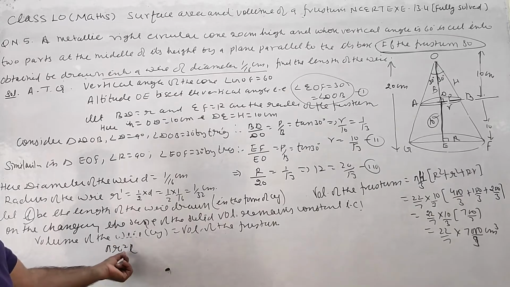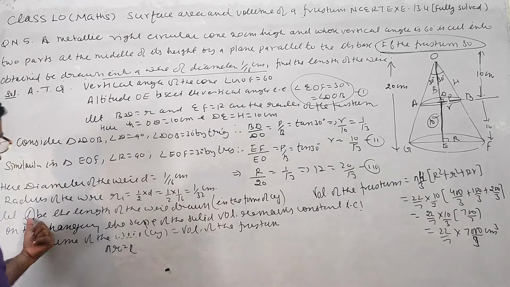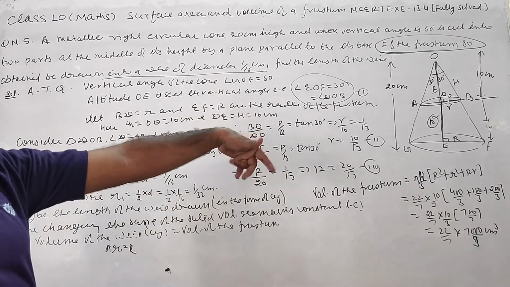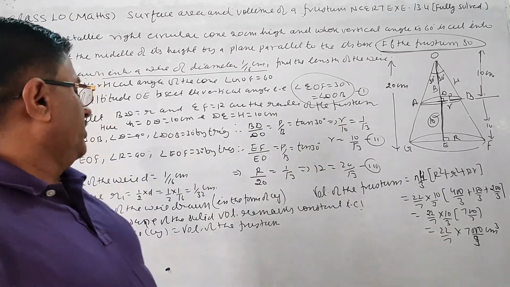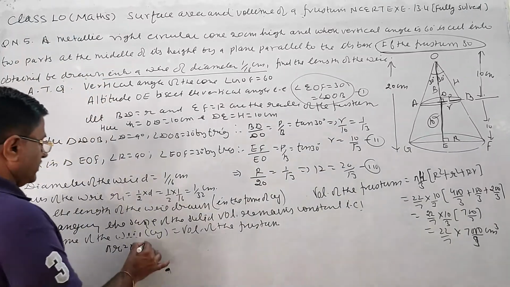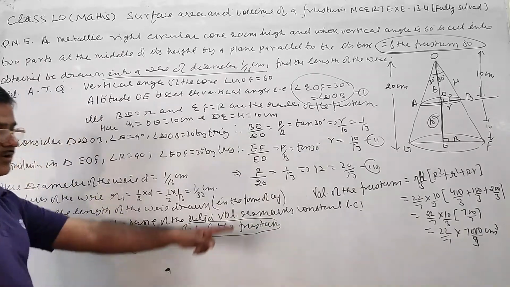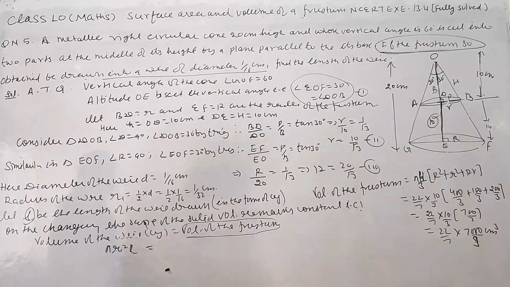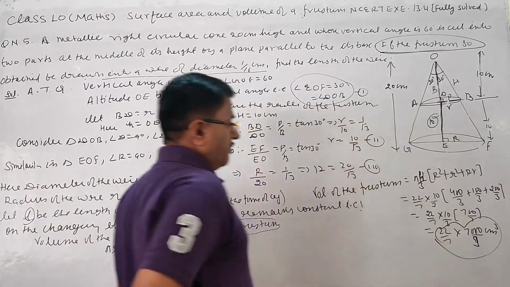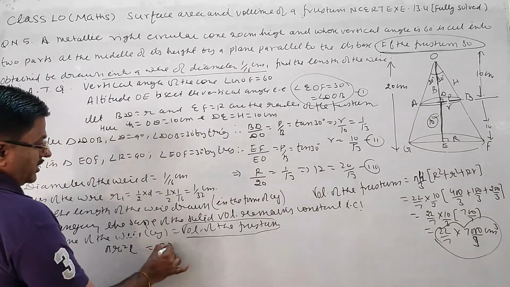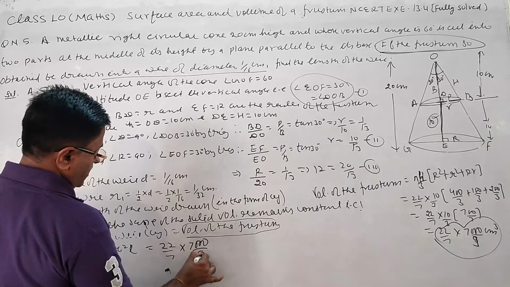We take radius as r1 and height as L because h we have already used, so to avoid confusion between the unknowns we take this. That is equal to the volume of the frustum, which we have already calculated. This is the quantity of the material, which can be written as 22 by 7 into 7000 by 9.